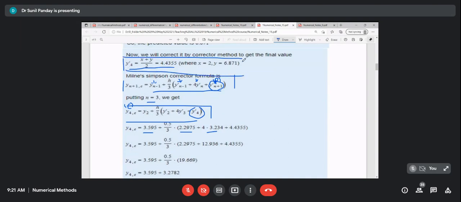So you have already simplified it, like y4 dash predicted value you have to use here. Then it is x4, y predicted by 2. X4 is your 2 and the y4 predicted is 6.871 divided by 2, and you have finally 4.4355. So it is your predicted value, and this value you have to supply here.